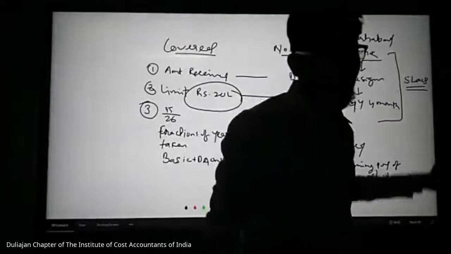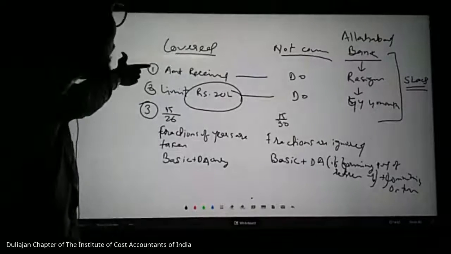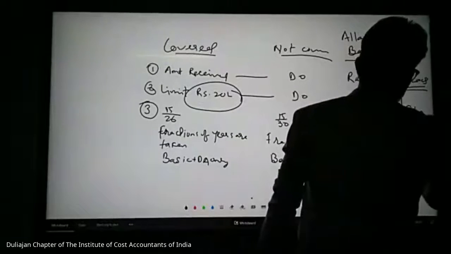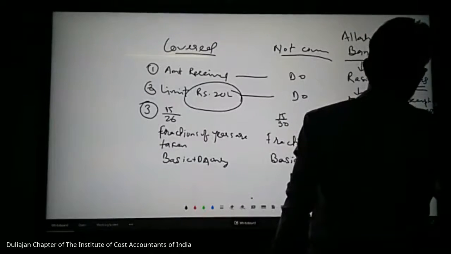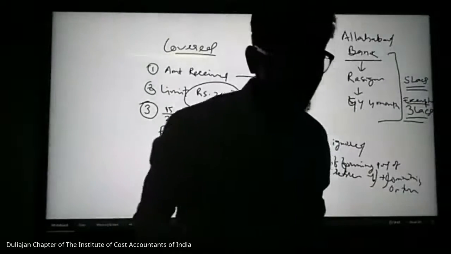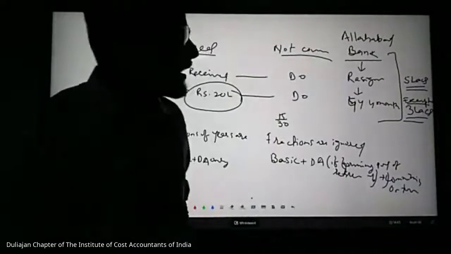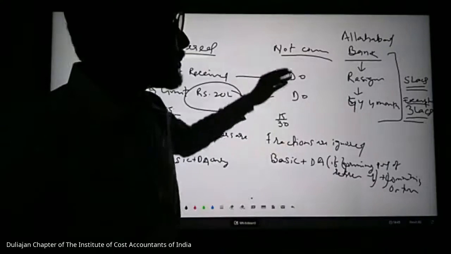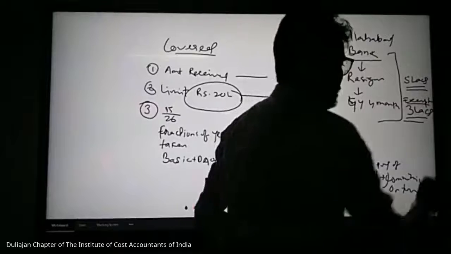Then again the computation will be there: amount received, limit up to 20 lakhs, and so on. Suppose after calculating, my exemption comes to 3 lakhs. Are you getting my point? I had resigned from the service and received gratuity of rupees 5 lakhs. My exemption limit was 3 lakhs, so I paid tax on 2 lakhs.